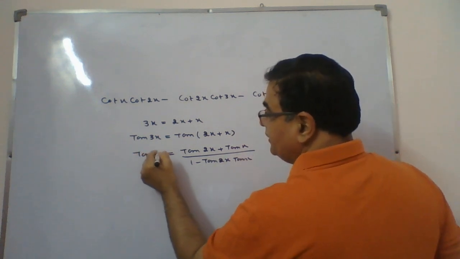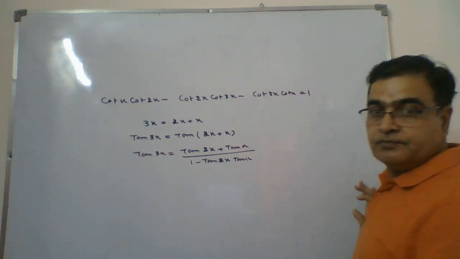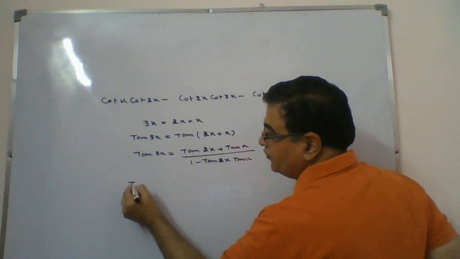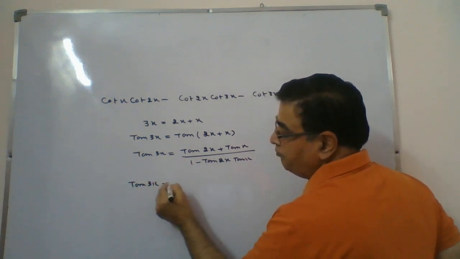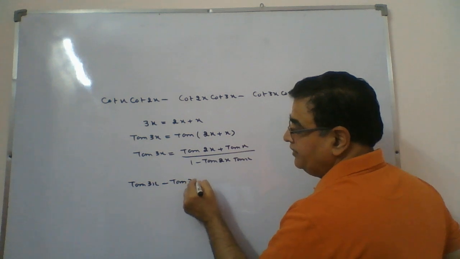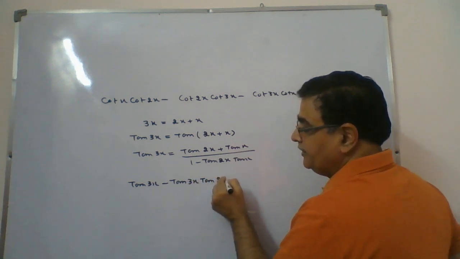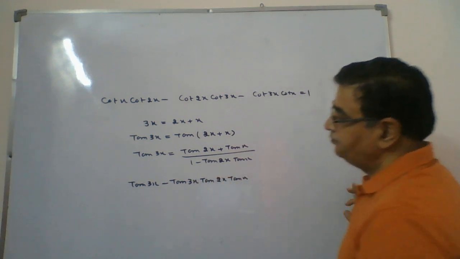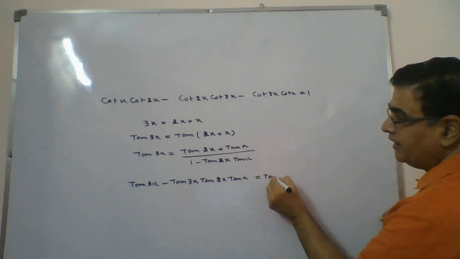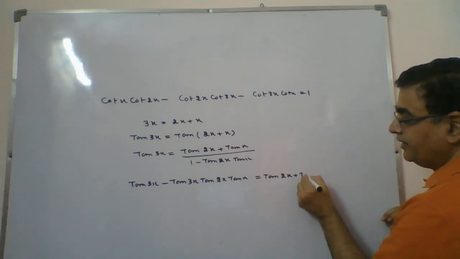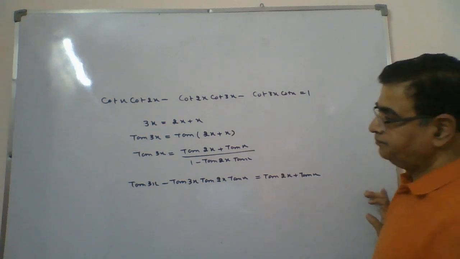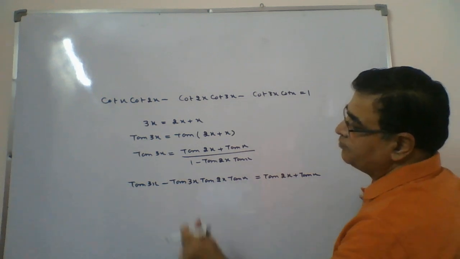This has come out to be tan 3x. I'll shift this to this side, so we get tan 3x minus tan 3x tan 2x tan x, and this has come out to be tan 2x plus tan x, just like the previous question. This term on this side and other terms on another side.